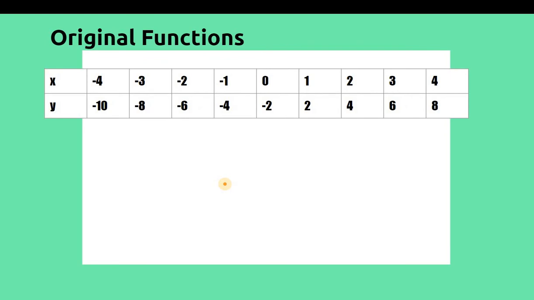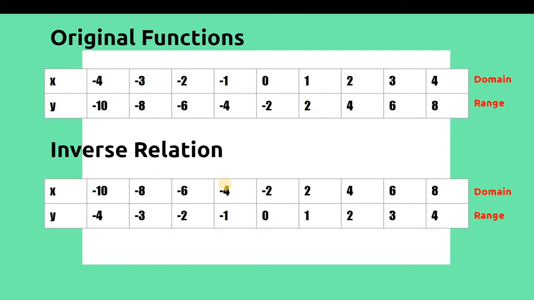So, let's see paano ba mangyayari if we switch the positions. Looking at this, we can see na nagpalit lang sila ng pwesto. Yung x natin kanina or yung domain, siya na ngayon yung range sa inverse function. Yung x kanina, siya na yung y ngayon, or domain na naging range. At yung range natin kanina, siya naman na ngayon yung domain, from y naging x. Okay? So, I hope that's clear.